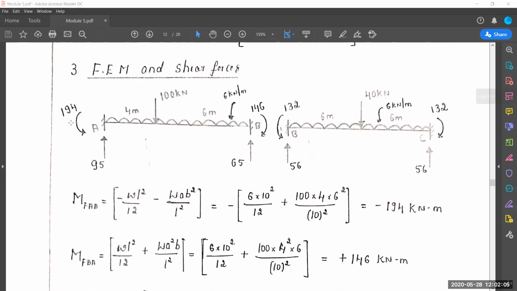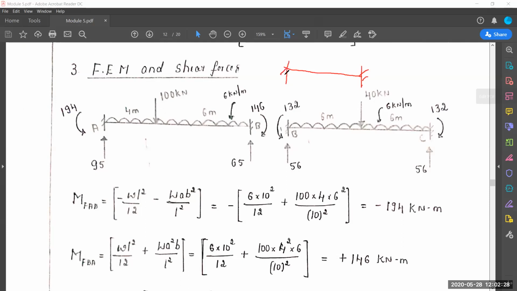So your next step will be finding the fixed end moments and shear forces. I hope you people know this procedure, but still I'll tell you. There are two loads given. One is a UDL, another one is a point load. So you have to take both the formulas.